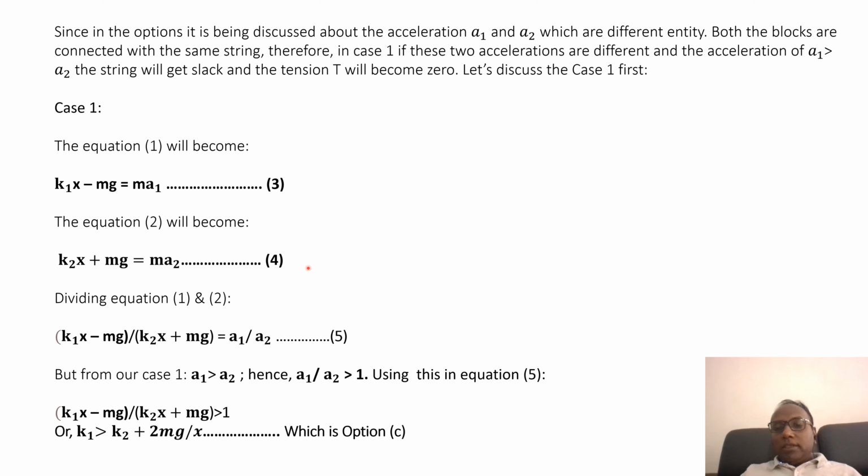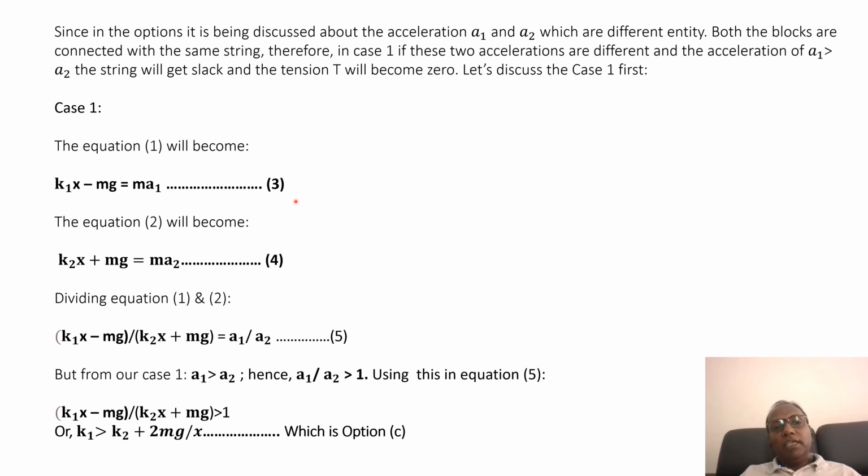In the question, if you see the options, option C and option D are expressions with inequality, right? So what we will do, a1 is greater than a2, so a1 by a2 will be greater than 1. To use that, we divide equation 3 by 4. Sorry, I have written here 1 and 2, so you can correct it.